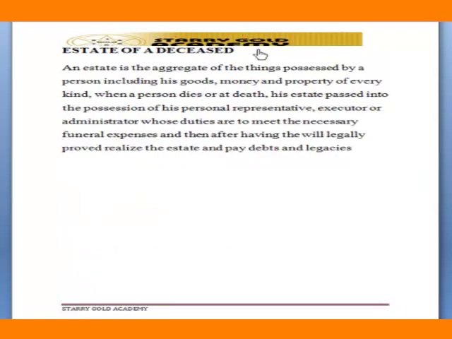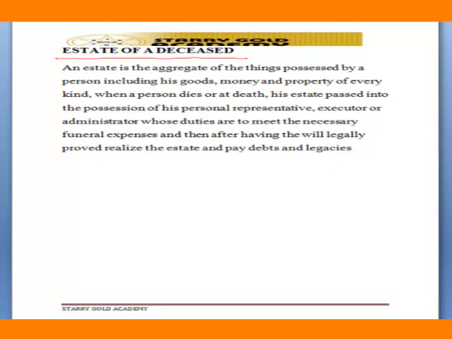What is an estate? What do we refer to as an estate? In everyday language, an estate to us is an environment where you have many houses that usually have the same common features. Say you're living in an estate. But here, for the purpose of tax, an estate, which is usually created either by a will or by an order of the court, is an aggregate of the things that belong to a person.